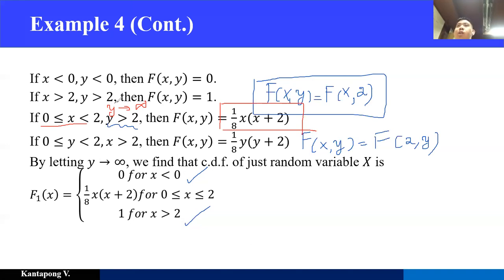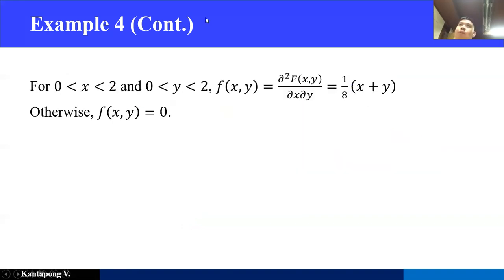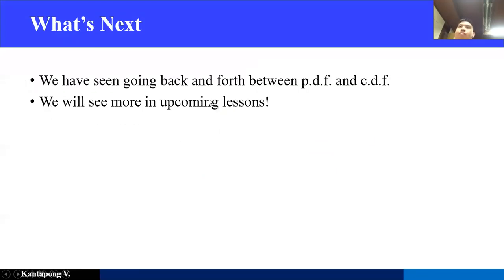So this is as if we take y to infinity, and this one is the answer. Then take the partial derivative two times. So we have seen that we can go back and forth between PDF and CDF, and we have seen mixed distributions. We will see more in the upcoming lesson, so stay tuned.